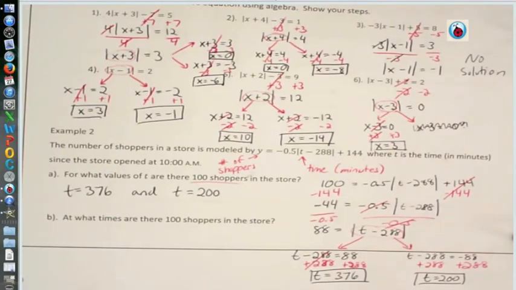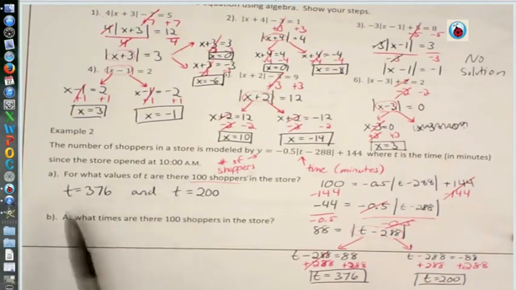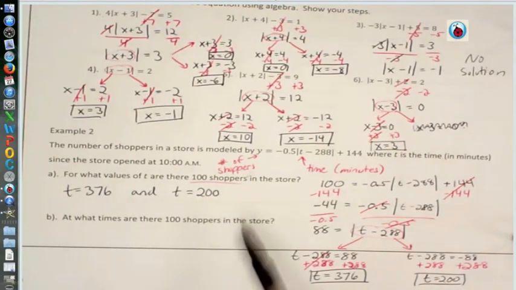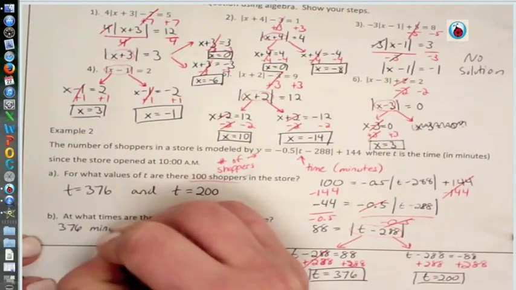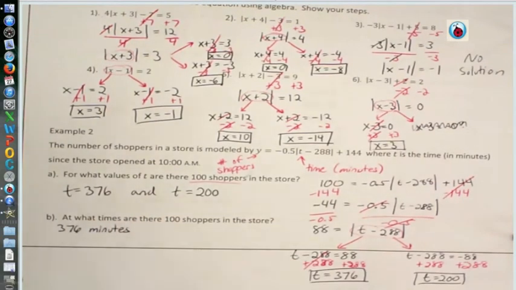Part B, at what times are there 100 shoppers in this store? Okay, so remember t is the number of minutes. So 376 minutes after 10 a.m. and 200 minutes after 10 a.m. So I want to think about 376 minutes. How many hours is that?